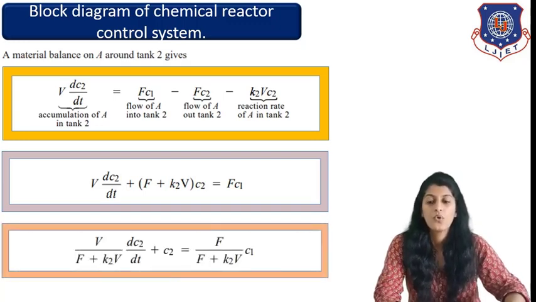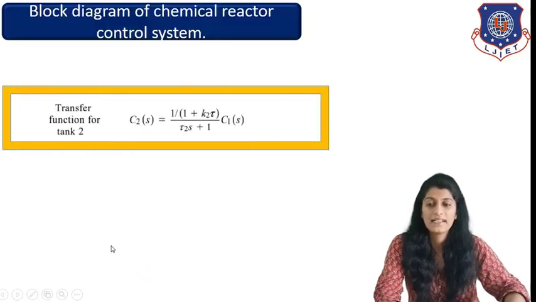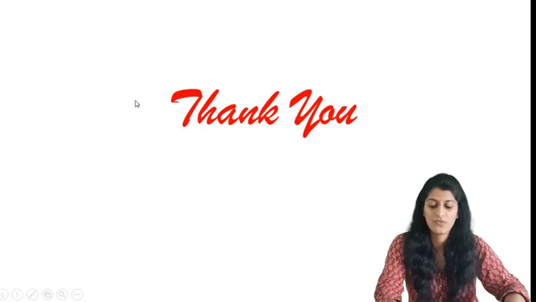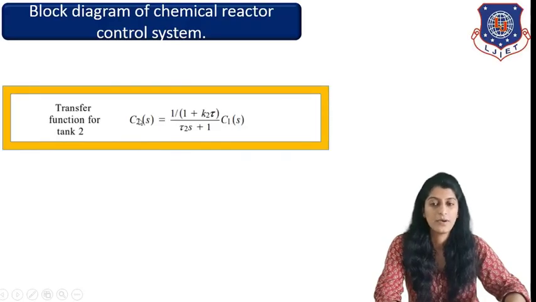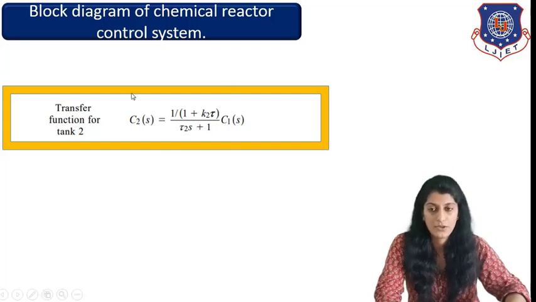Now, just shift the terms and do the integration. You will be getting the transfer function for tank number 2 in the form of C2S equals 1 upon 1 plus K2 tau upon tau 2S plus 1 into C1 of S. This is the desired transfer function for tank number 2.